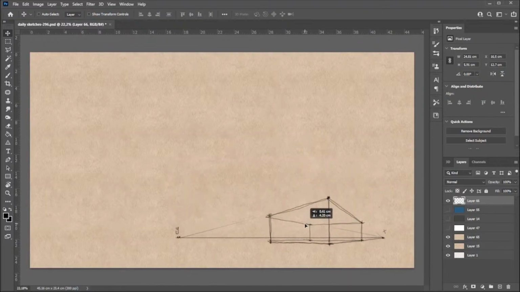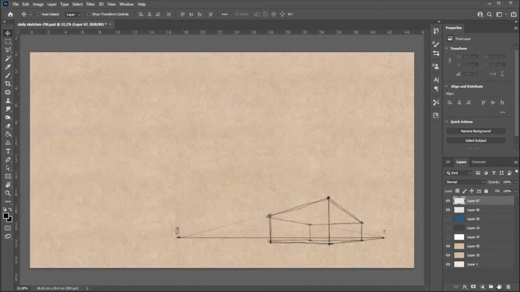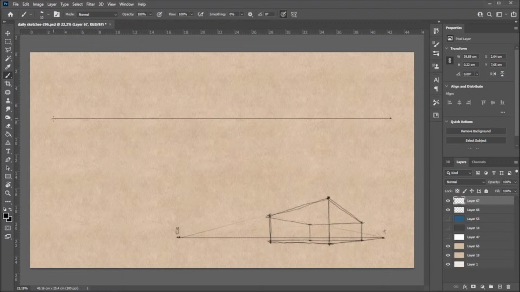Or I can draw a longer line and draw a cube here.